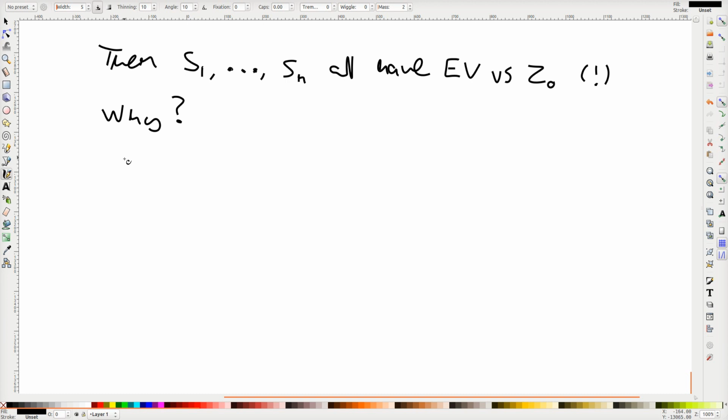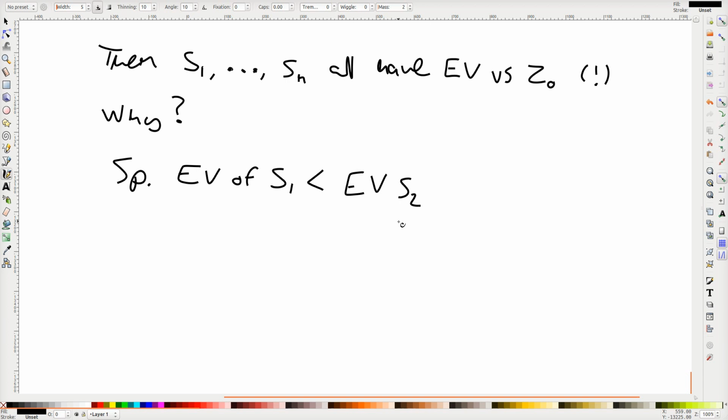So suppose that the EV of S1 is less than the EV of S2. And here you might say, well, what if the EV of S2 is less than the EV of S1? Well, the labels are completely arbitrary. I haven't said anything about S1 beyond this statement.